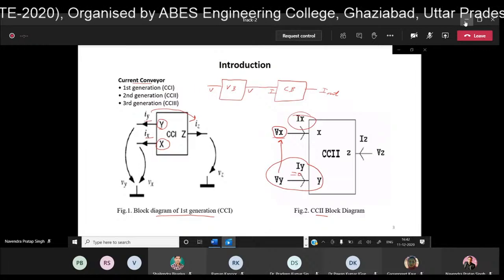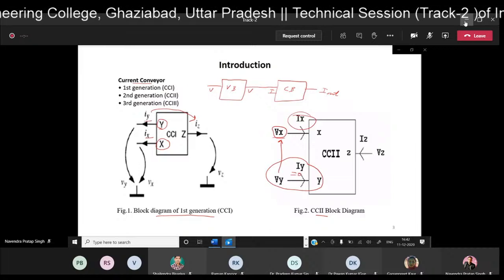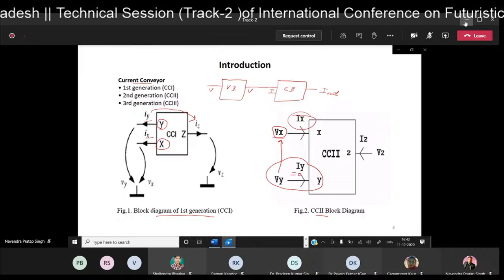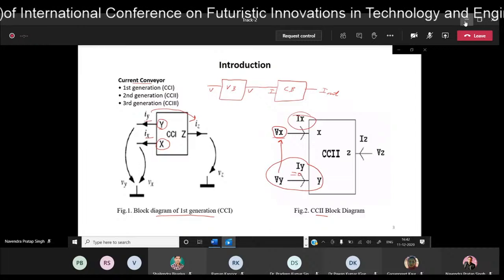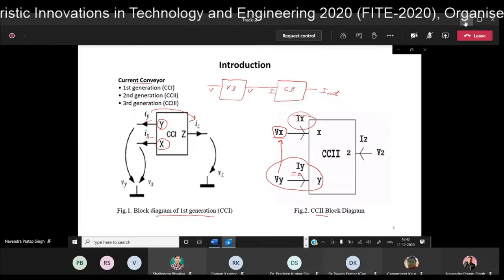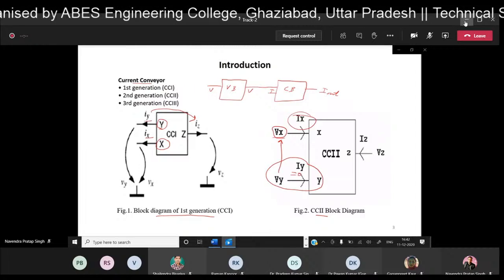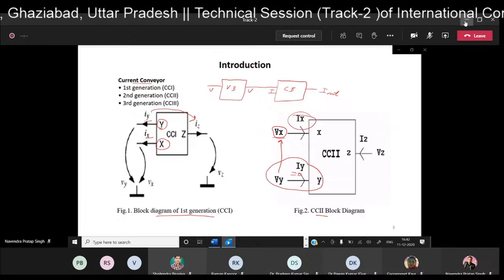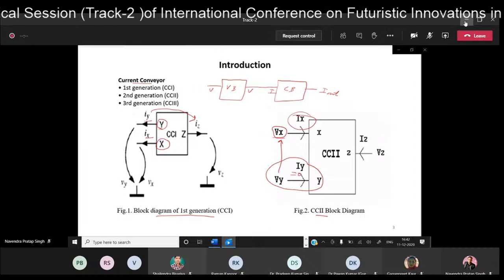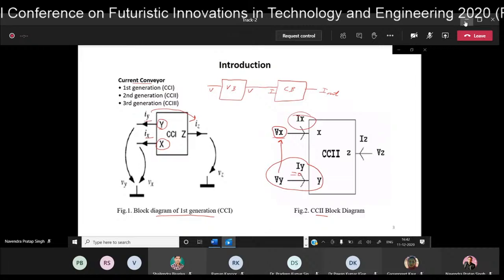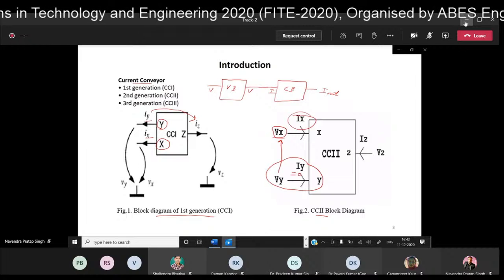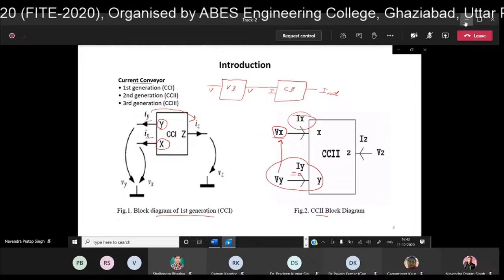However, you can see that the technology is 250 nanometer, while in all other papers the technology is 180 nanometer, right? So what we have concluded by observing the various research papers is that paper 5 is better than other works because it reduces the total number of transistors, so area reduces, right?